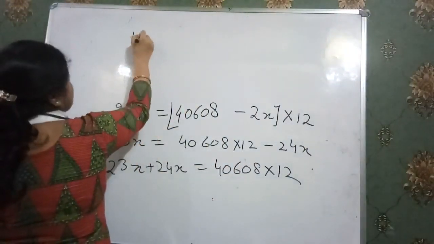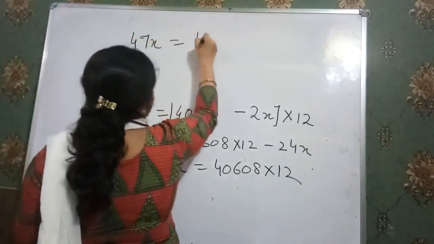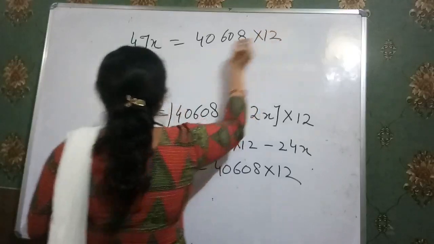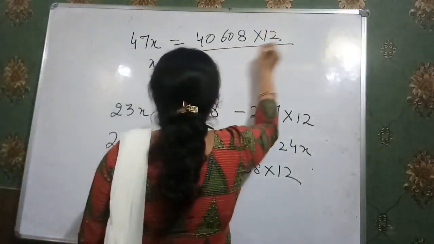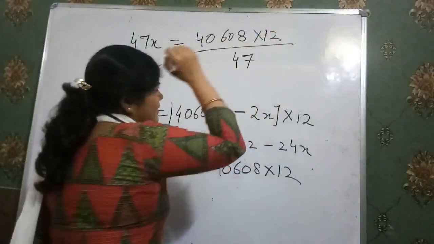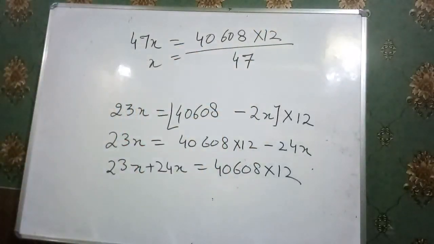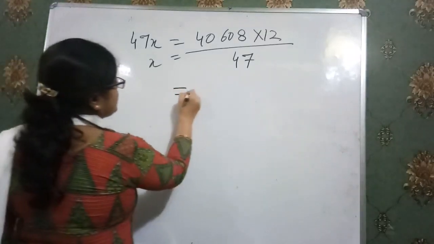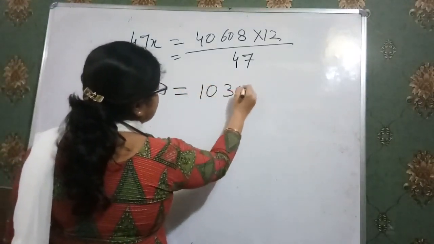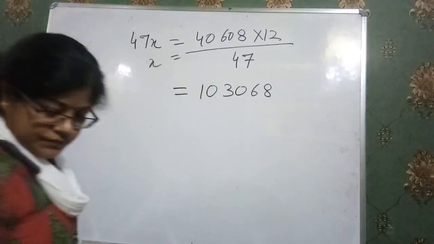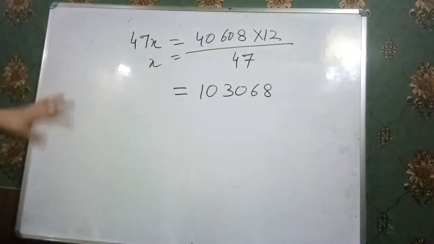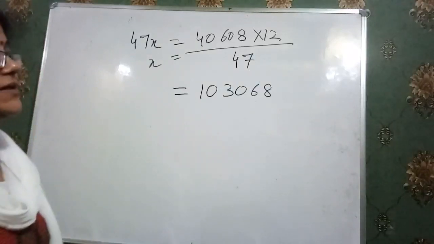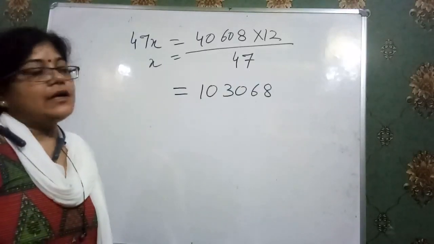We have 47x is equal to 40608 into 12, so x is equal to that divided by 47. After solving this, we got 103068. Okay. So for the second share, you just subtract it from the main money and you get the money invested in the other company.